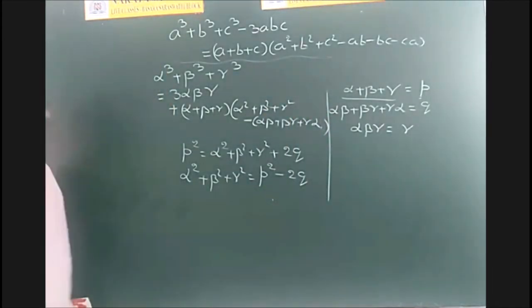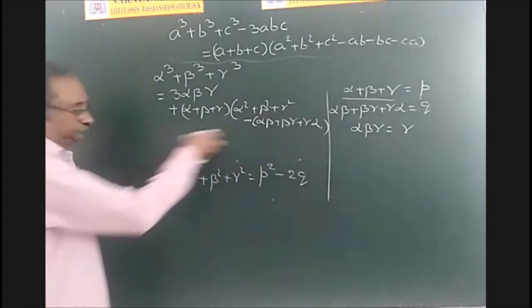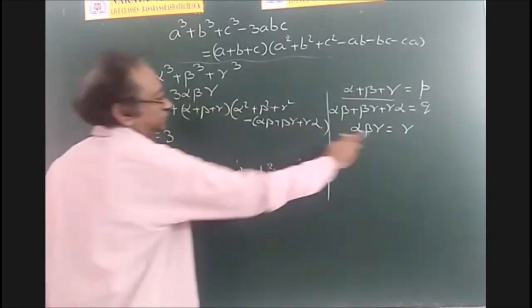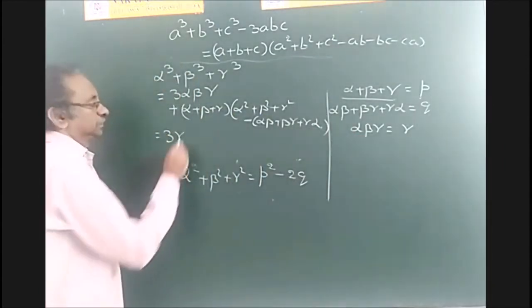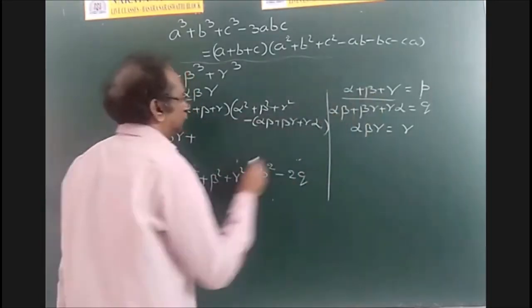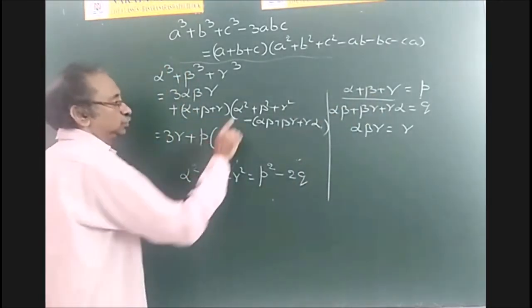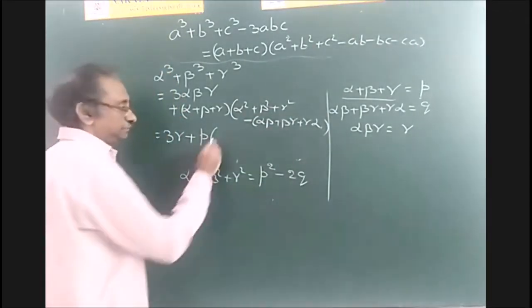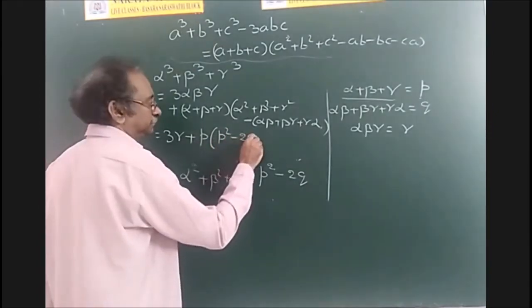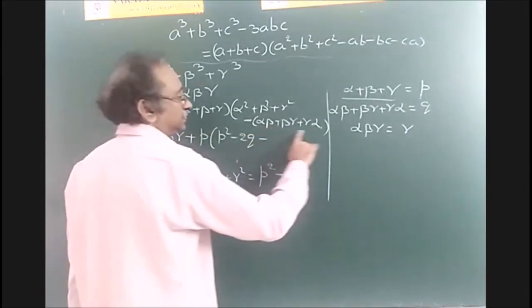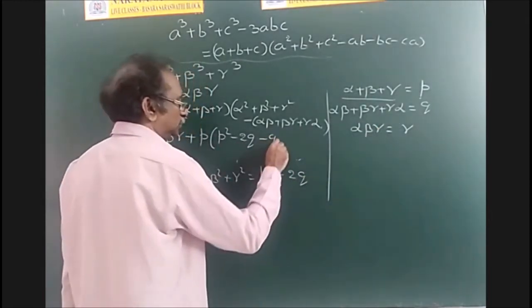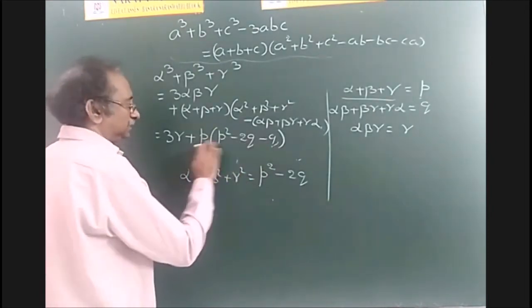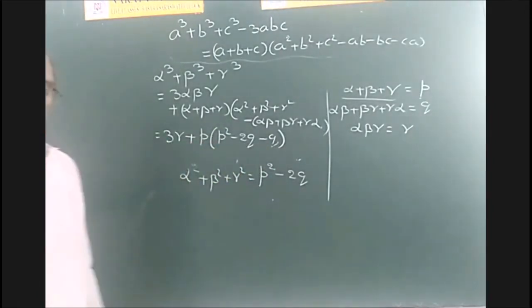Okay, and see here, you know everything. So this is equal to 3 into alpha beta gamma, that is R, plus alpha plus beta plus gamma, that is P, into alpha square plus beta square plus gamma square, which we have just found to be P square minus 2Q, minus alpha beta plus beta gamma plus gamma alpha, that is Q. So this is the final answer. So you can write P cube minus 3PQ plus 3R. Right, write it.